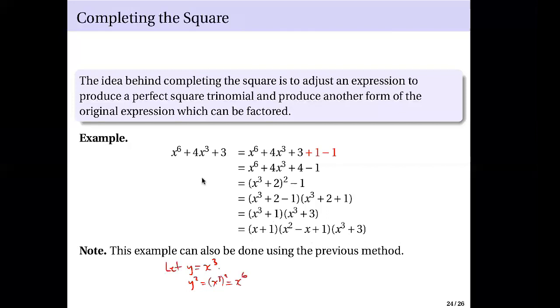Which means this expression can be written as y squared plus 4y plus 3. And in this form, you can easily factor this. So just for an illustration of completing the square, we did completing the square here, but according to this note, you can do it this way, the easier way.